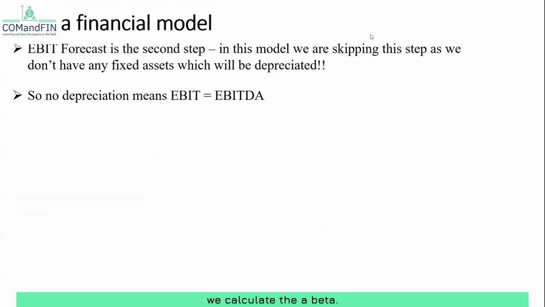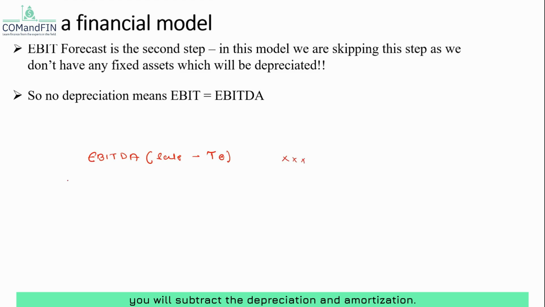Once you have calculated the EBITDA by subtracting expense from sales, after that you will subtract the depreciation and amortization. Once you subtract the depreciation and amortization, you will get the amount that is going to be EBIT, that is earnings before interest and tax.